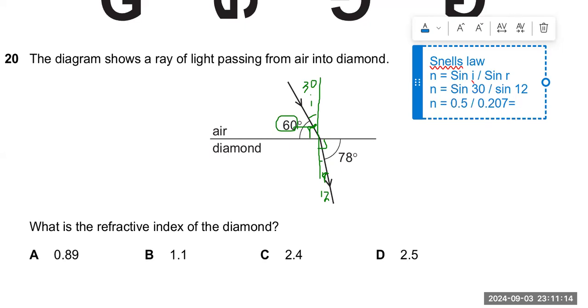So your option will be C. Is it clear? Now move towards the next question.